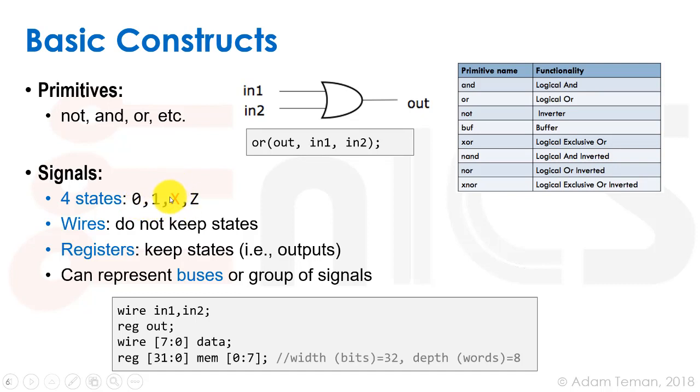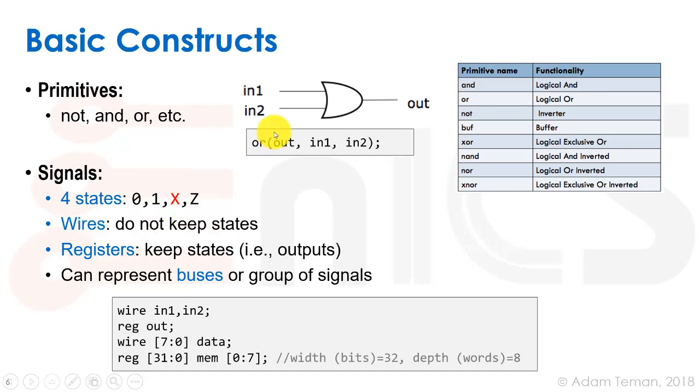I put the X here in red, and a lot of simulators will emphasize it in some way, because this is something that either hasn't been initialized or is some sort of an error. And we have a Z, or high Z, which means a high impedance state, and we can drive something else onto the signal. So those are the 4 states we'll use, primarily 0 and 1. X is usually a mistake, and Z we have when we have tri-state things, but it doesn't appear as much.